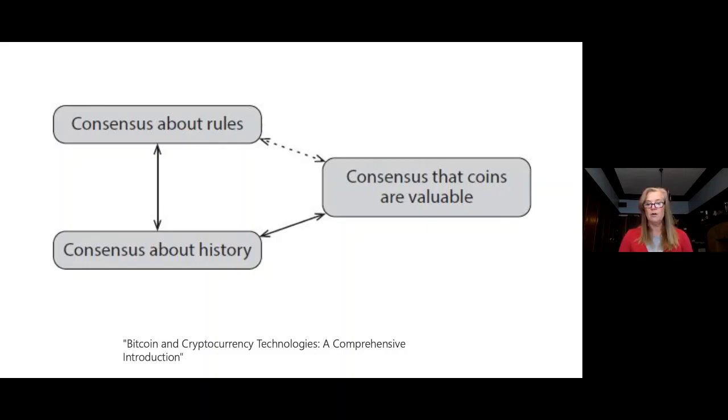And so the reason is that each time a new block is added, there's a couple steps that have to happen, right? So there are rules for adding it, and each block is based on and utilizes the hash of the previous block.